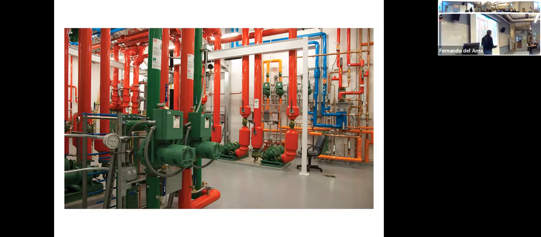So painting the pipes, well, it helps because we can have red pipes for hot water, blue pipes for cold water, yellow, green for other things. Okay, but getting organized is important because look at this in buildings like this one. We need a huge mechanical room because those pipes and pumps and those elements take up a lot of space.